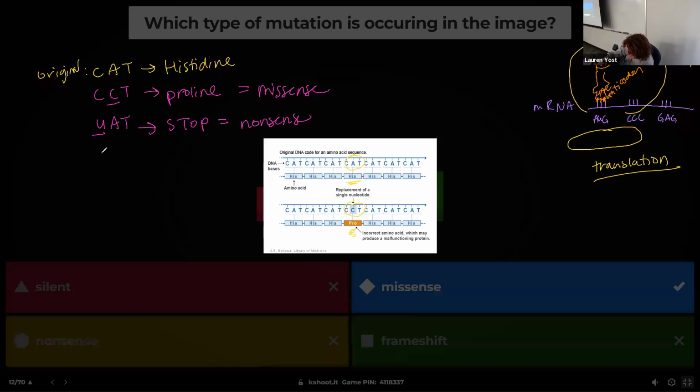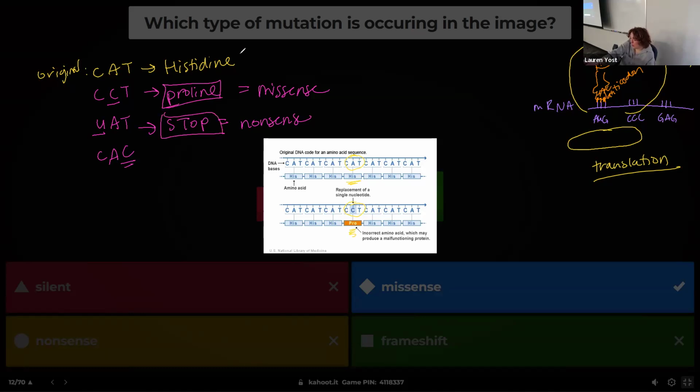If we change CAT to CAC, again, just one nucleotide change, it doesn't matter whether it's the first or the second or the third nucleotide. So don't be focusing on that. If you're like, oh, it's the first one, that means it's no. What matters is what the outcome is.